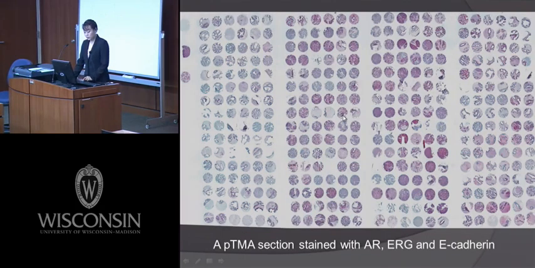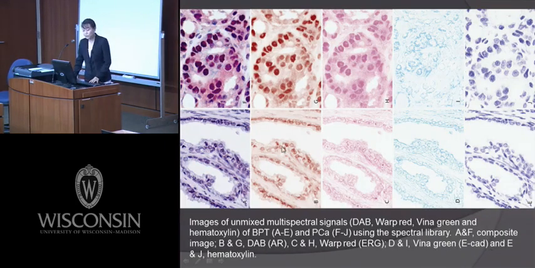This is an image of the progression array stained with these 3 antibodies: AR, ERG, and E-cadherin. This image just shows you an example area of this TMA, one core of tissue. We unmixed it, and you can see the 4 channels: AR in DAB, ERG in Warp Red, and E-cadherin, and hematoxylin.